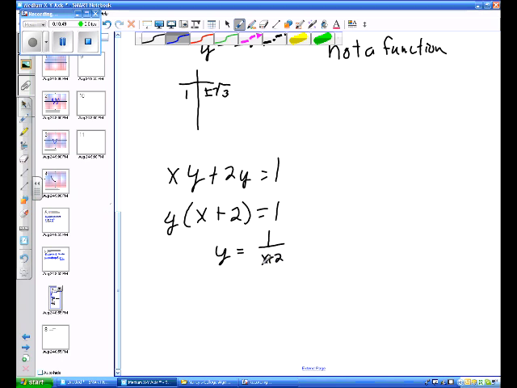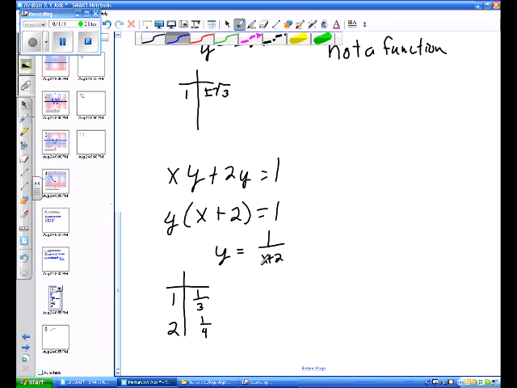Well, again, if we start picking values for x, we're going to see that we're only going to get one value for y. If x is 1, then we're going to have 1 over 3. There's no other number we can get. If x is 2, we're going to have 1 over 4. And there's no other answer that we can get.